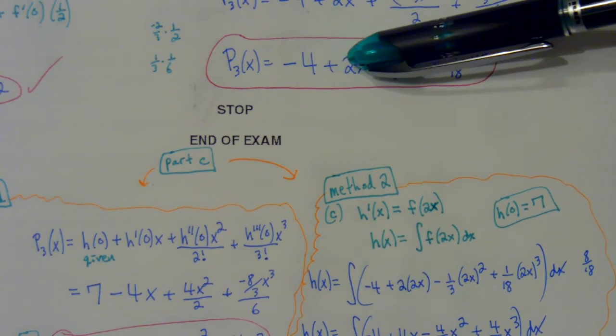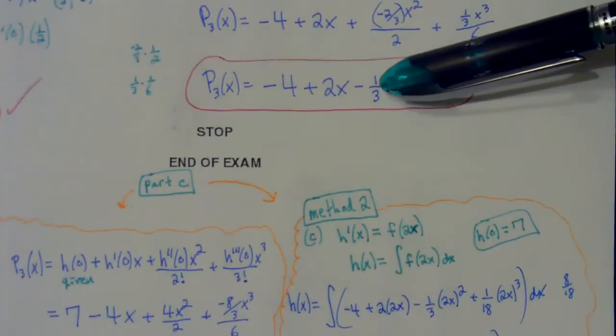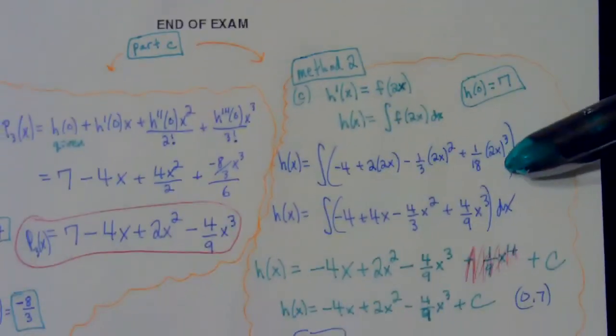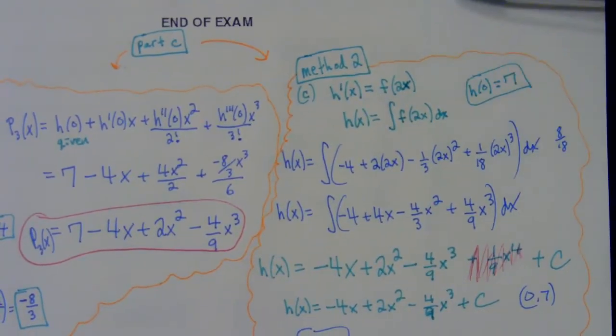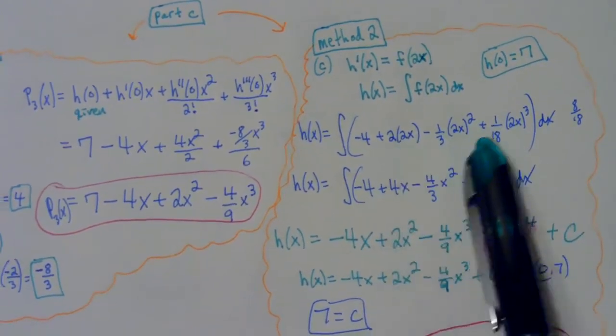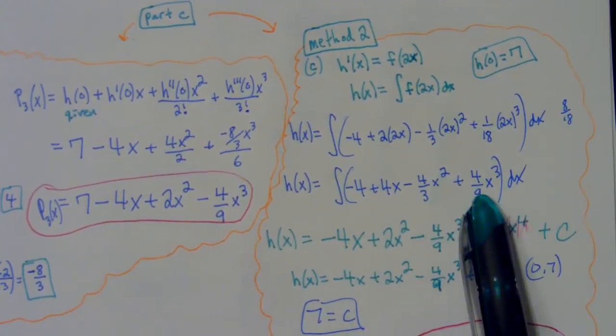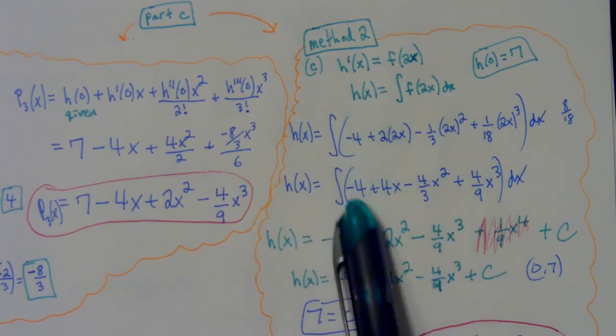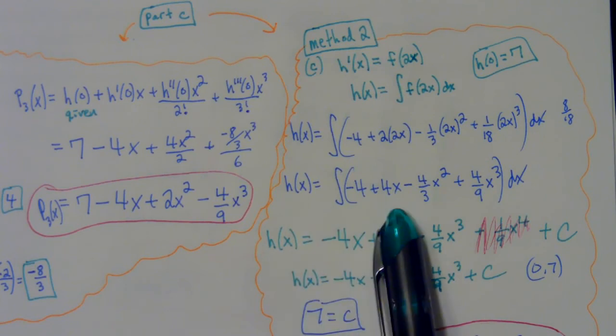So I had negative 4 instead of the x, I got 2 times the 2x. I have 1/3 instead of the x, I have the 2x squared, and then I got the 2x cubed right there. So I just replaced those x's with the 2x, and then I simplified it there. So I squared stuff, cubed stuff, I simplified it, and then that was representative for the h of x, because I still got my integral symbol there. So that's my h of x.